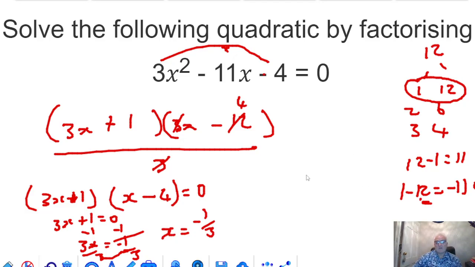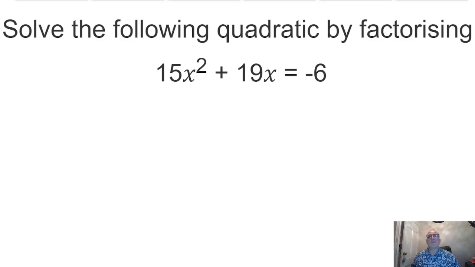Or we've got x minus 4 equals 0. Add 4 to both sides, x equals positive 4. Okay, so my two solutions, x equals negative 1/3, or x equals 4.